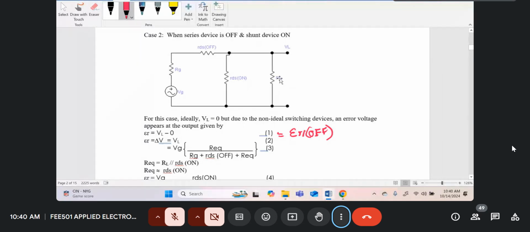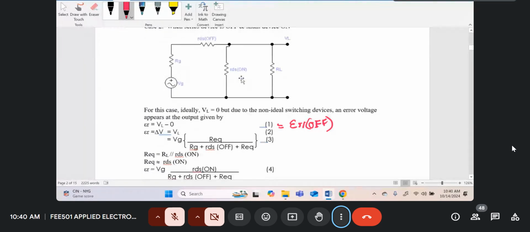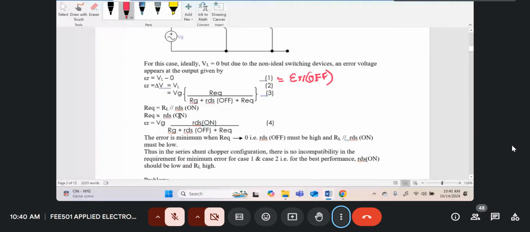And we know that RL is the input to our AC amplifier, which is typically large, normally 10K to 100K, depending on the design. The RDS on of our switching device when it is on is typically 25 ohms. So the combination will be approximately equal to RDS on. So here I've written that R equivalent is approximately equal to RDS on.